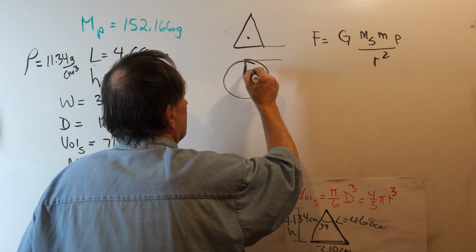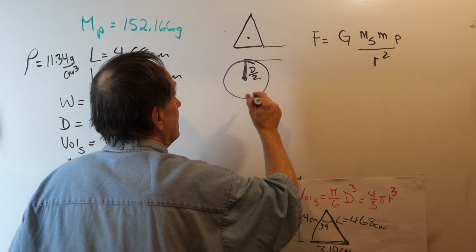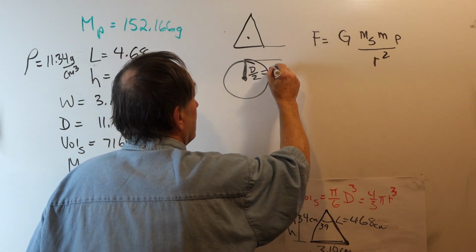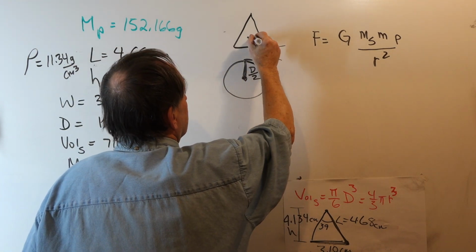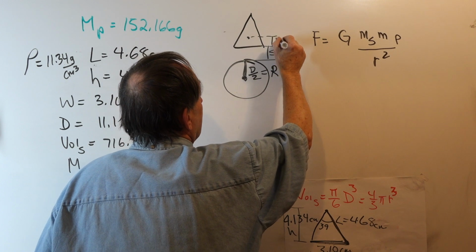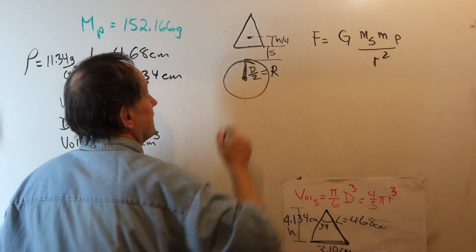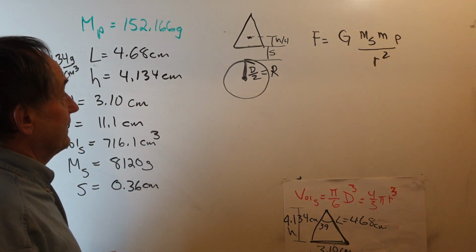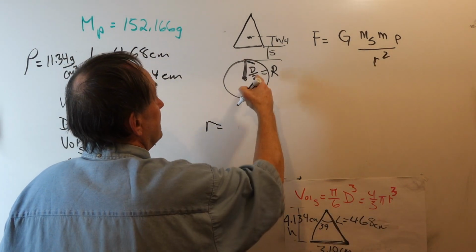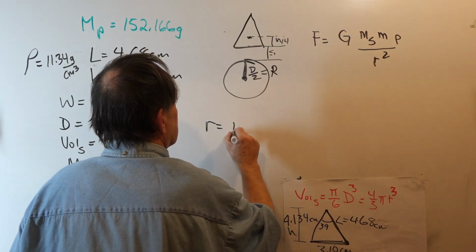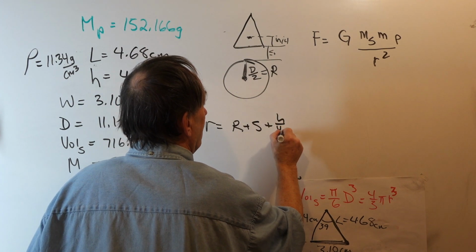So the distance from the center to the surface is just cap D over 2, which is the radius. I'll call it big R. Then we have our separation distance, and then we have h over 4. That is from the base up to the center of mass of the pyramid. So our R, our little r here, is going to be the sum of these three things. It's going to be the radius of the sphere plus S plus h over 4.